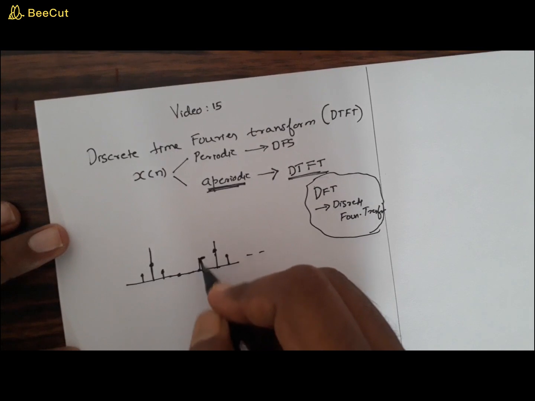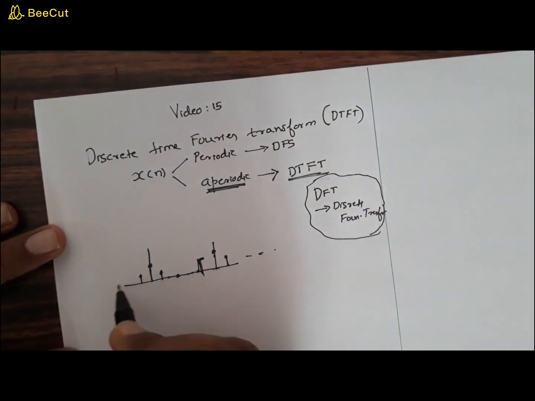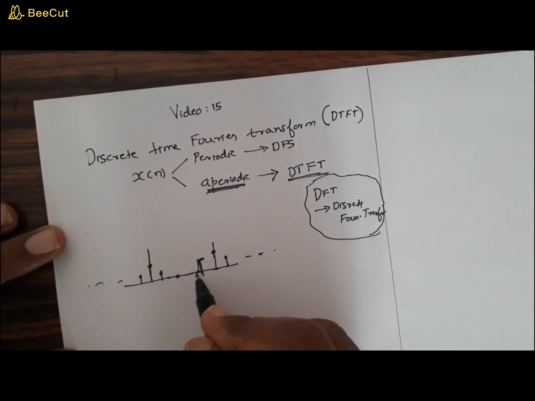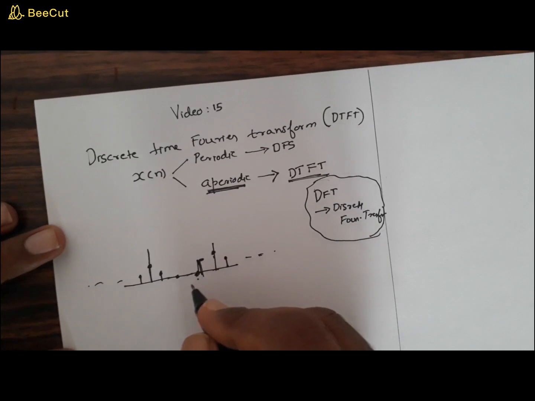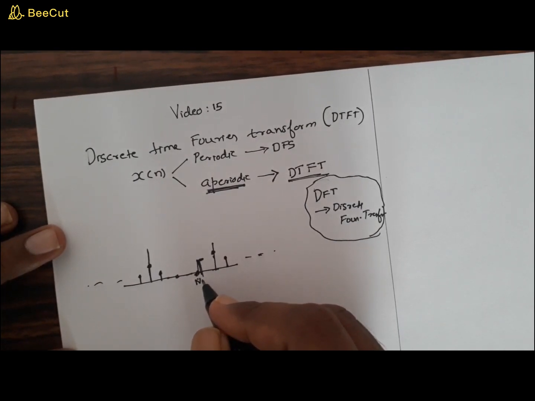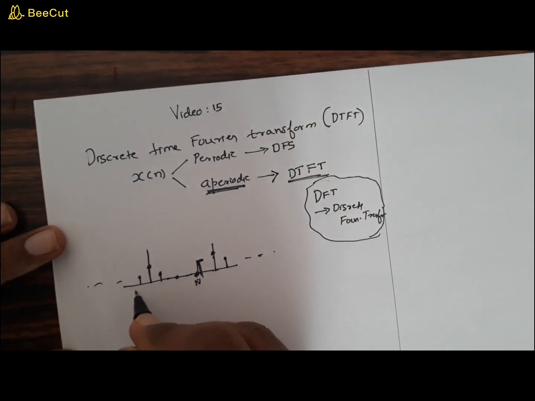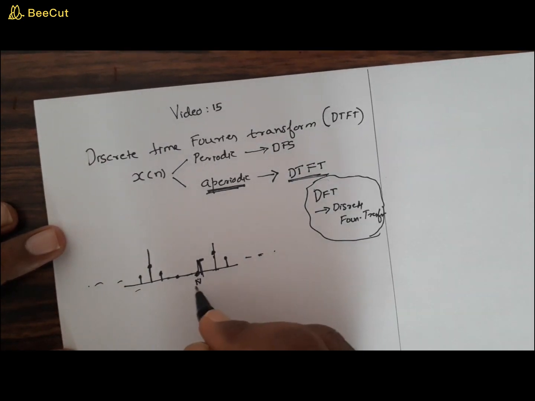Say this has n minus 1, this is your n, and let it be some value up to n.